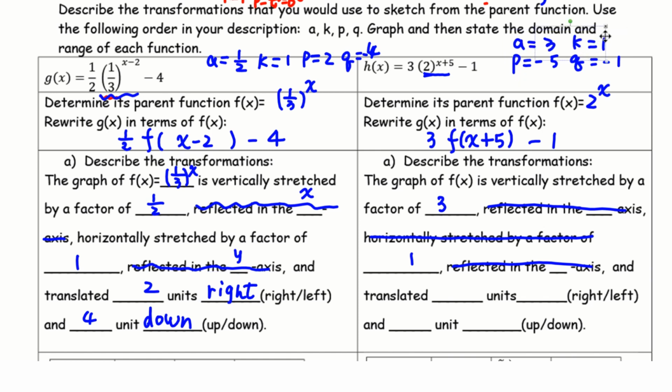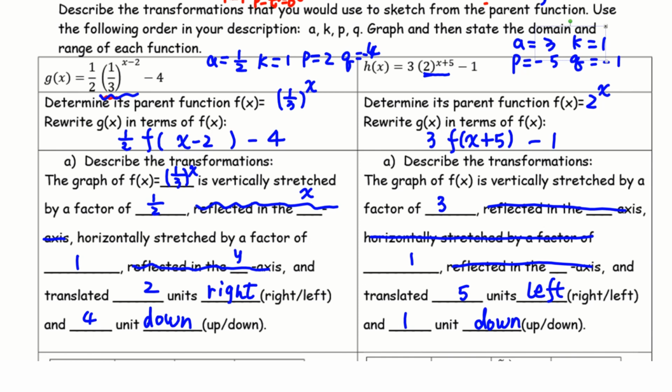If k is 1, then no horizontal stretch. Only not 1, we have the stretch. Translated 5 units, 5 is negative, we put left. And q is negative, is 1 unit down.